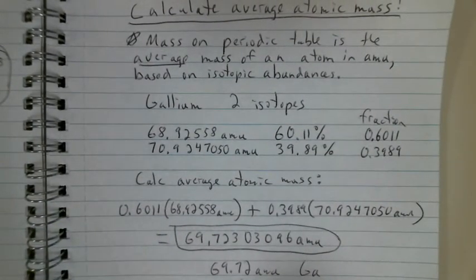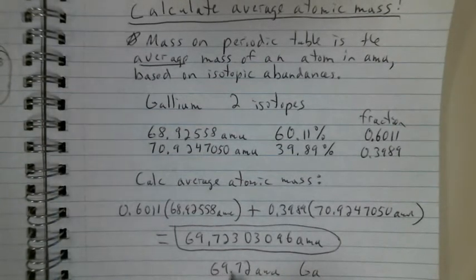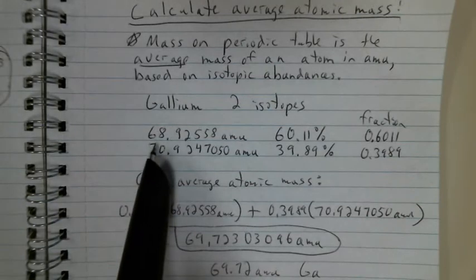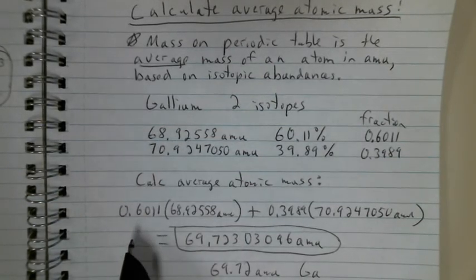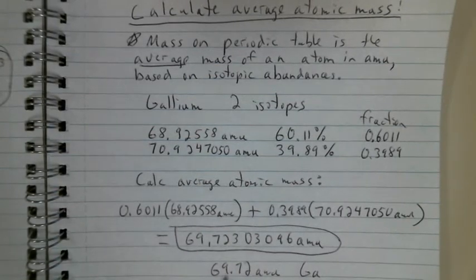What that means is that's the average mass of a gallium atom. There aren't any atoms of gallium that weigh that much, right? They either weigh 68.93 or they weigh 70.92. None of them weigh 69.72.